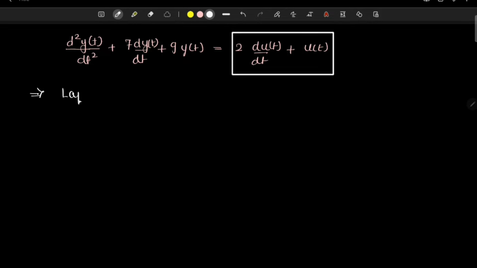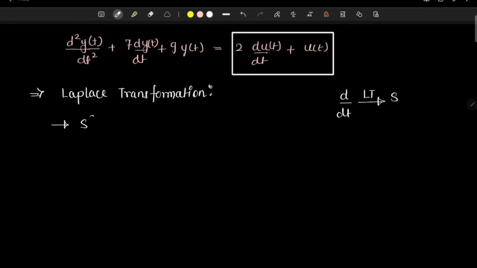The Laplace transformation of the differentiation term d by dt is s.